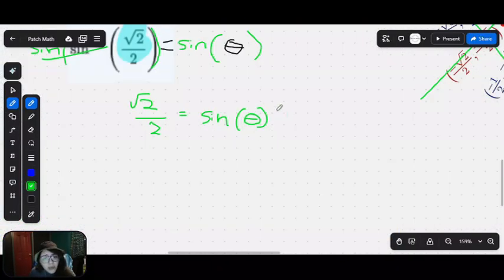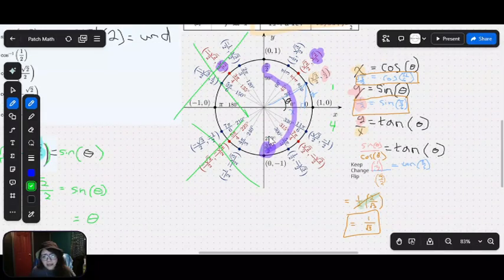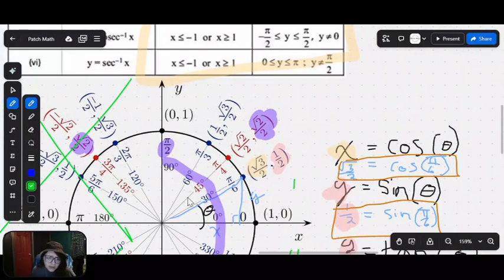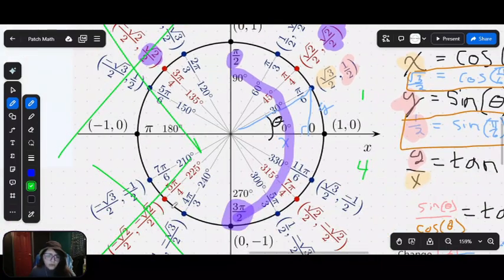So in this case, we are finding theta. That's what we were solving for. I just wrote it in this alternate form so I could think about the input that gives me that output. So we can find that output on the unit circle within the restrictions of the inverse and find what the input was that went with it. We're working backwards. So our theta here is the theta that goes with the square root of 2 over 2 in the y coordinate. That's pi over 4 in radians or 45 degrees.